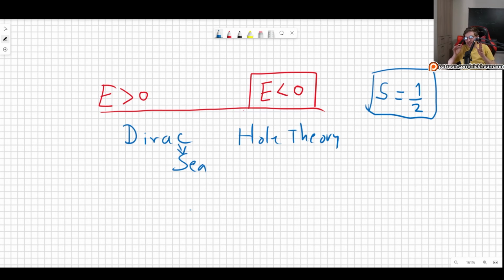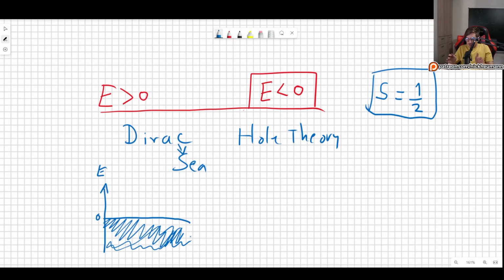We have an infinite sea, right, of electrons or fermions, depending what particle you're looking at. Let's say electrons, just for the example, that have, right, this is the energy, this is 0. This thing here, there's an infinite sea of electrons that are already occupying every single possible energy value in every single place in space. And since they're already happy in their state, they do not interact.